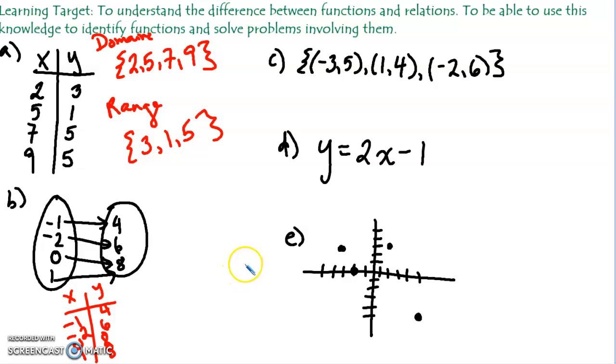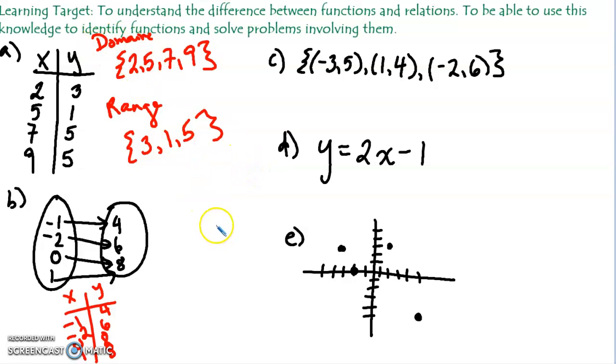And an important reminder as well, if something here is not a function, we don't write the domain and range for it. Okay, so this happens to be a function. We don't see the domain repeating itself, so we're fine. This is a function. The domain is not attached to multiple range values. We're fine. But had these been something where a 2 repeated or a number over here was attached to multiple, you would not even need to list the domain and range.